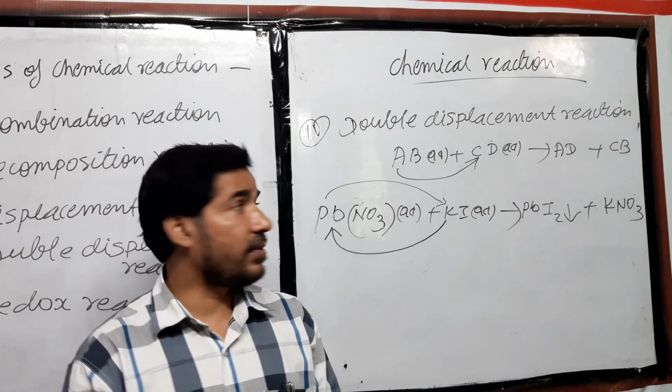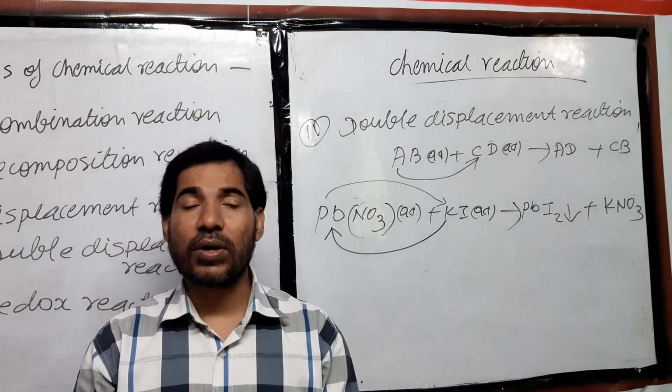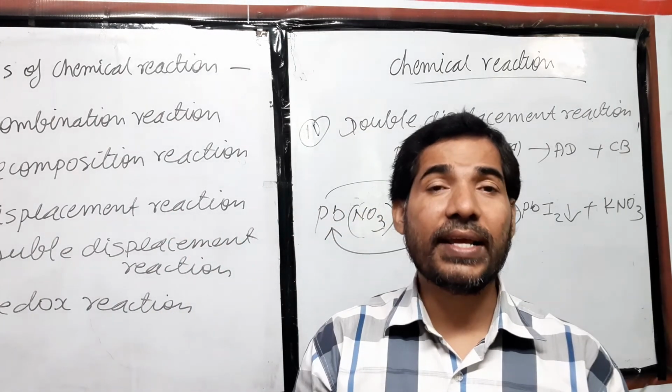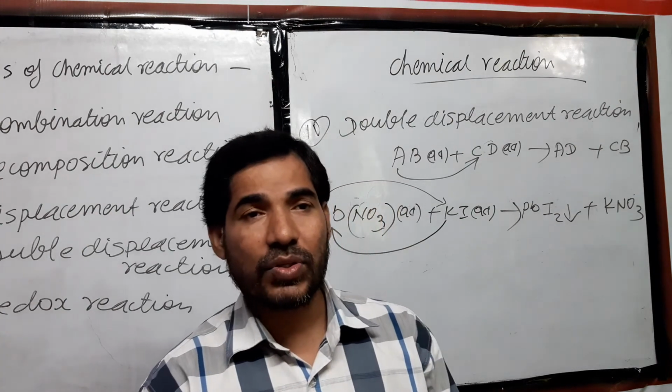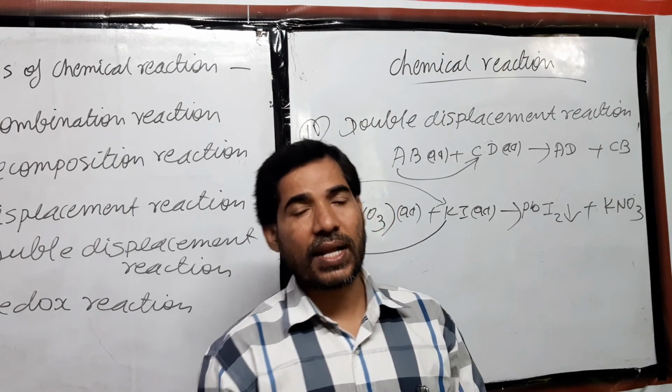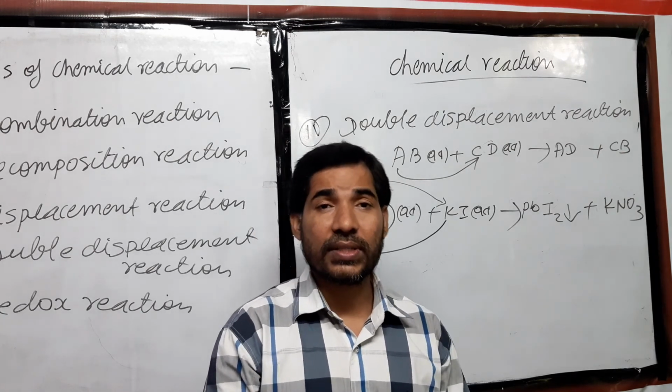At last, I will discuss the redox reaction. But since the redox reaction will take a long time, I am just going to define it, and in my next class I will discuss it. What is a redox reaction?